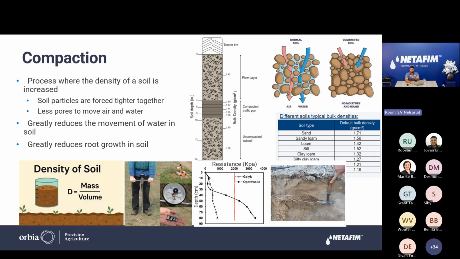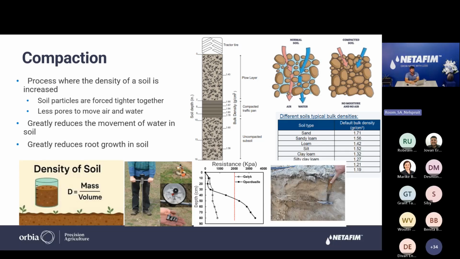The main reason, it might sound reversed, is that there are a lot more micropores contained in heavier soils, clay, silty soils, clay loam soils, compared to your sandy soils, which have all of these macropores. And if you compact a sandy soil that's already quite dense, those macropores tend to shift, and that soil tends to compact easier compared to soils where you have more of these micropores.